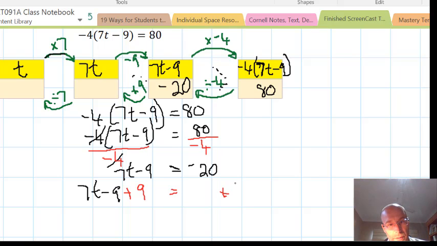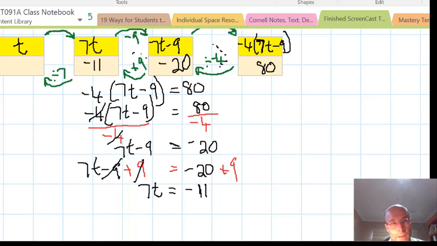Do the same thing to both sides. So we'll be adding 9 to this side, and negative 20 plus 9. Let's simplify that now. So that gives us 7t equals negative 11, and we can see that we've added 9 to both sides.